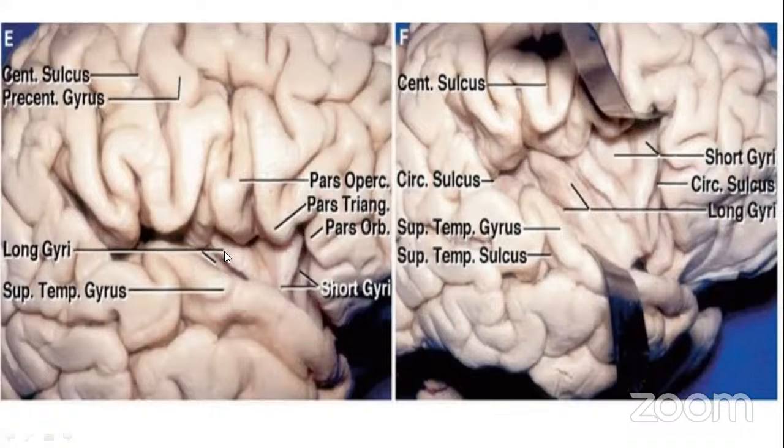The superficial part is further divided into the stem and three rami, and the deep part is known as the Sylvian cistern, in which we have the majority of the vascular supply, that is the MCA and its branches, and the Sylvian vein.